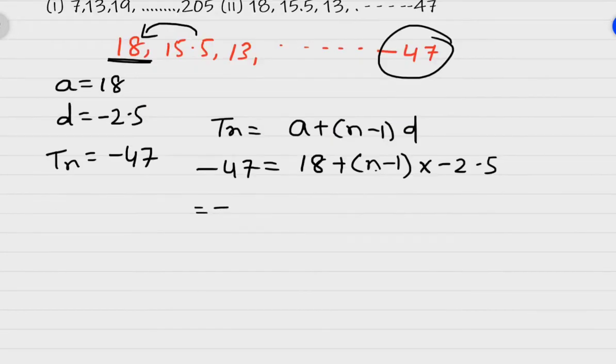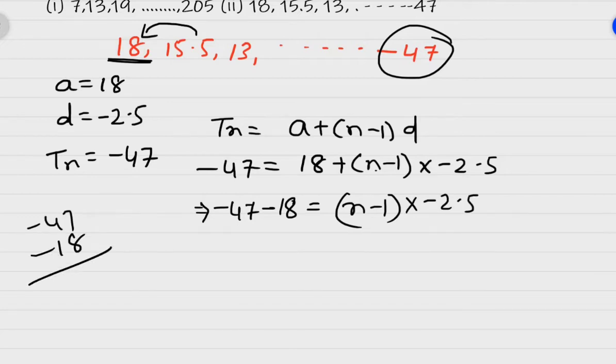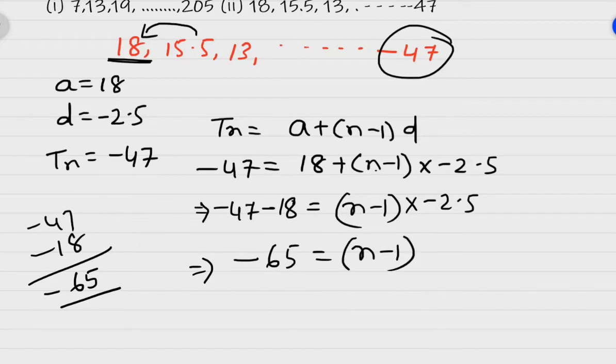This will be minus 47 minus 18 is equal to n minus 1 into minus 2.5, isn't it? Minus 47 minus 18. So 7 and 8, 15, 1. So minus 65. So this will become minus 65 equal to n minus 1 into minus 2.5.